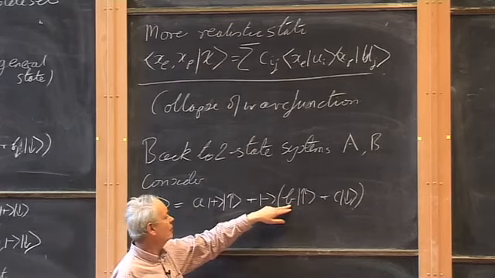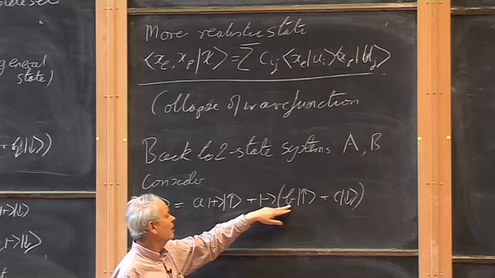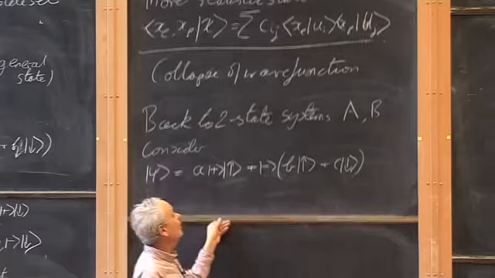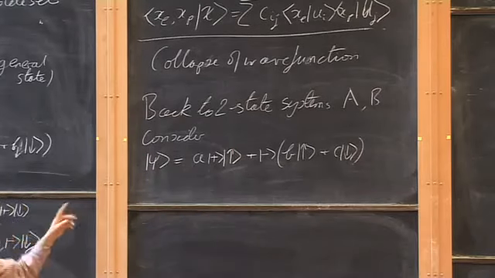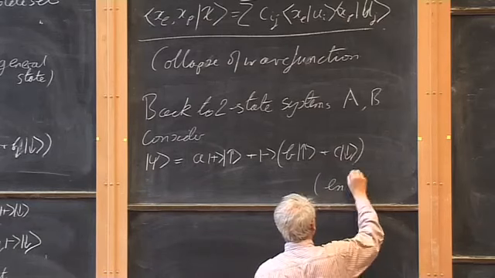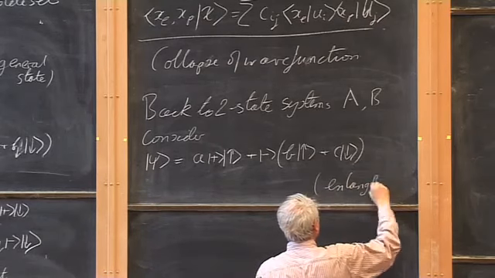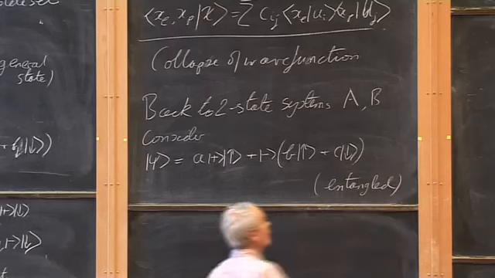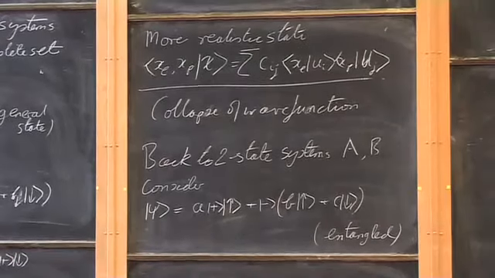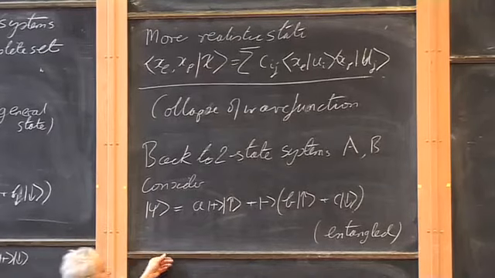This is the amplitude for finding that A is minus and B is up, etc. This state, as it turns out, is entangled. That is to say, you won't be able to write this as a product of a state A and a state B. So this is more realistic than the states that I was discussing before. Okay.